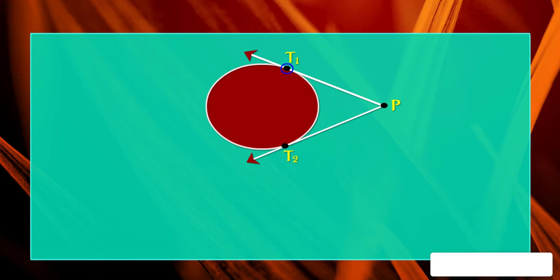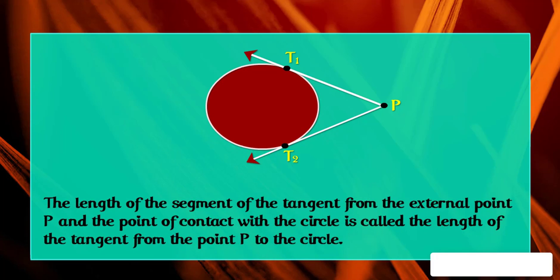Here, T1 and T2 are the points of contact of the tangents PT1 and PT2 respectively. The length of the segment of the tangent from the external point P and the point of contact with the circle is called the length of the tangent from the point P to the circle.